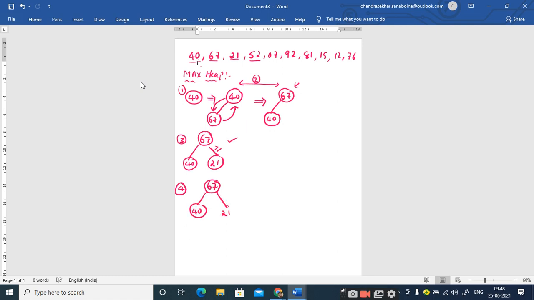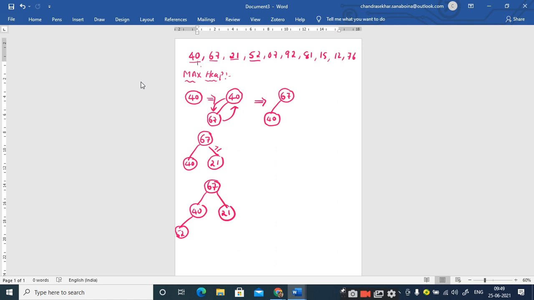It should be placed as the left child of 40. Right. So when I insert this 52 by using the shape property, now it is the turn to check whether it is satisfying the heap property or not.